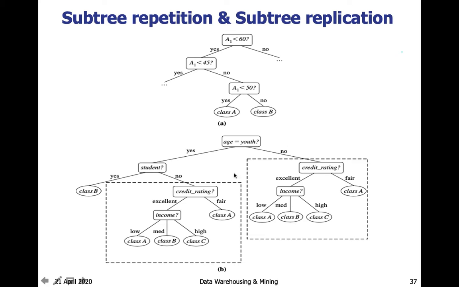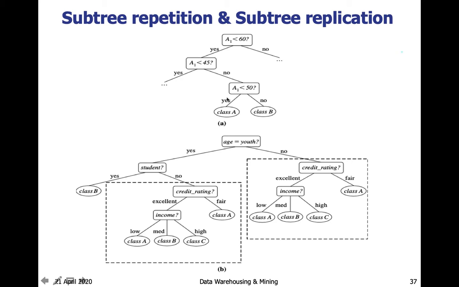Here you can see we are repeatedly testing an attribute: age less than 60, less than 45, less than 50. So we are repeatedly testing the same attribute.